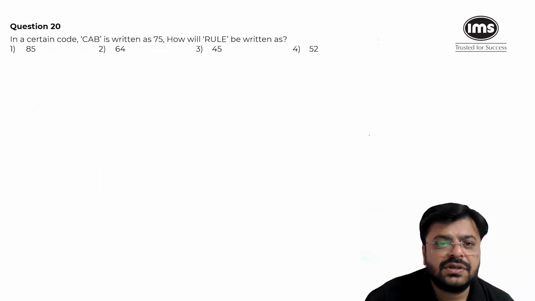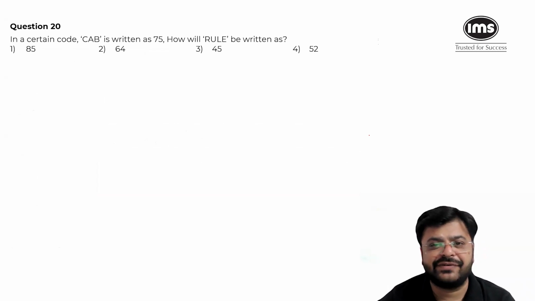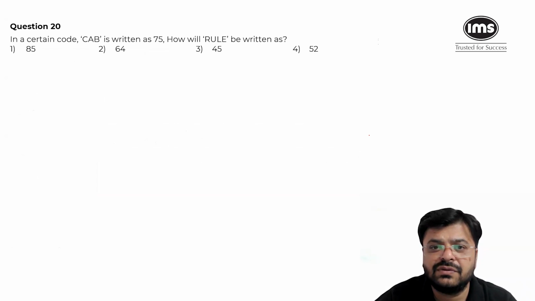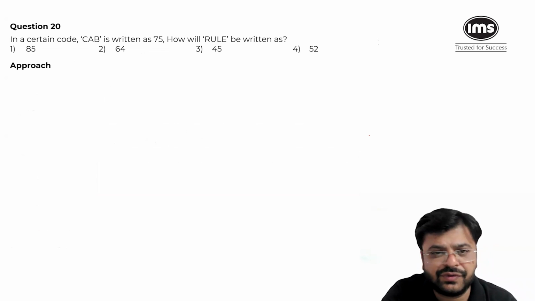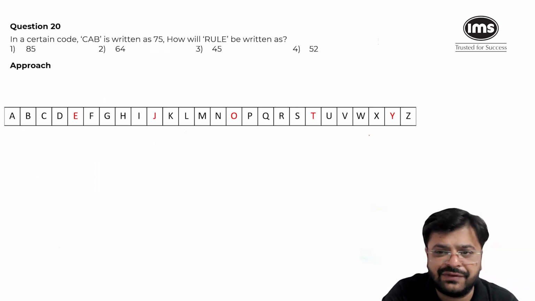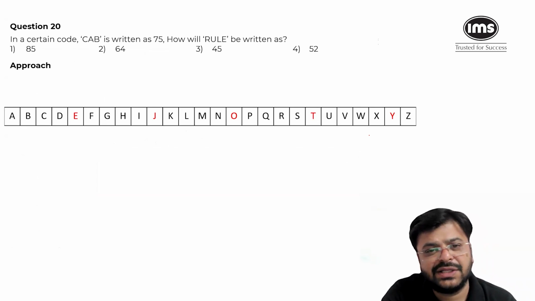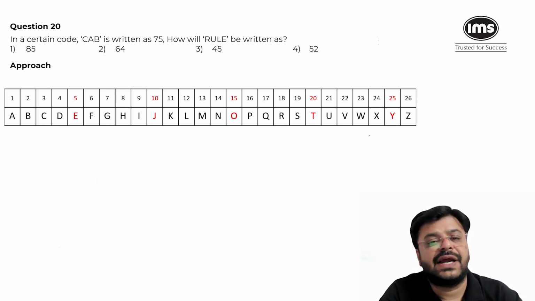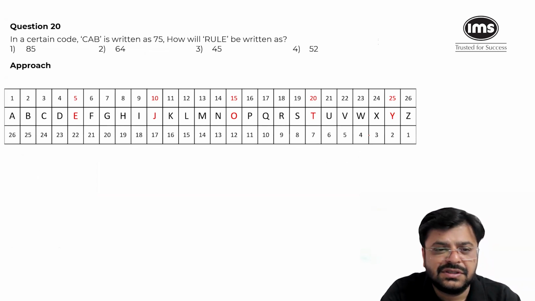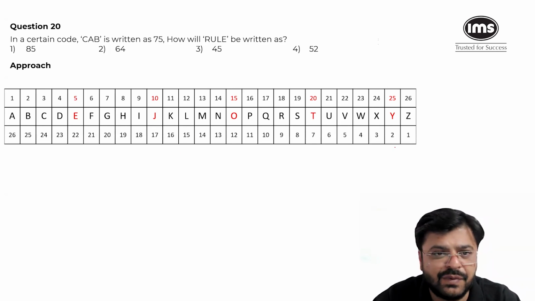In a certain code, CAB is written as 75. How will RULE be written? Now, what should we do? First, we'll write all the alphabets from A to Z, and then we'll number them, 1 to 26. And also we'll write the reverse order of the numbers, like 26, 25, 24, 23 till 1.